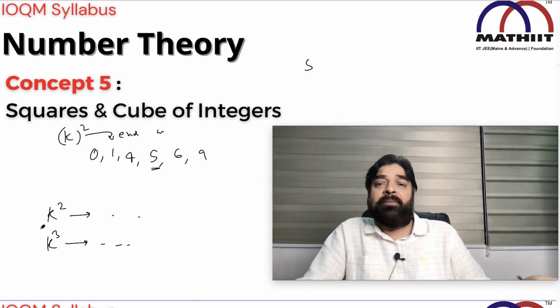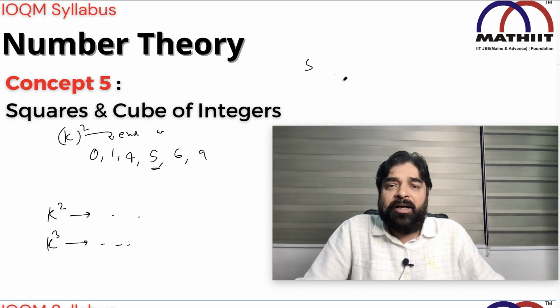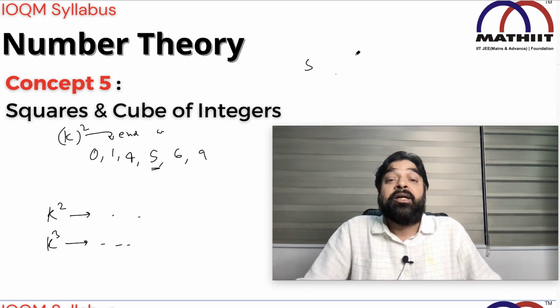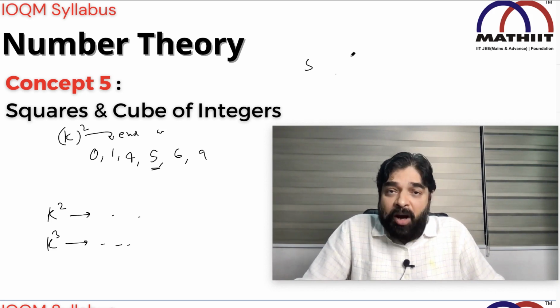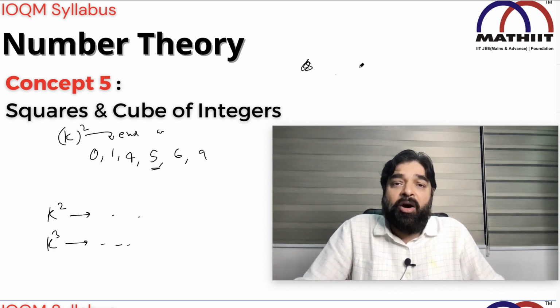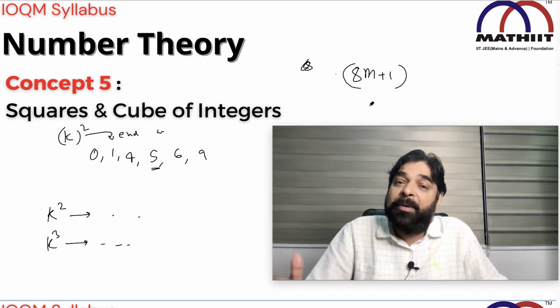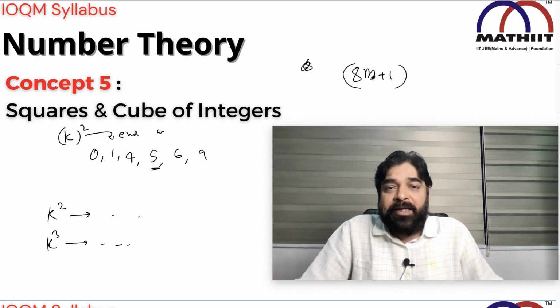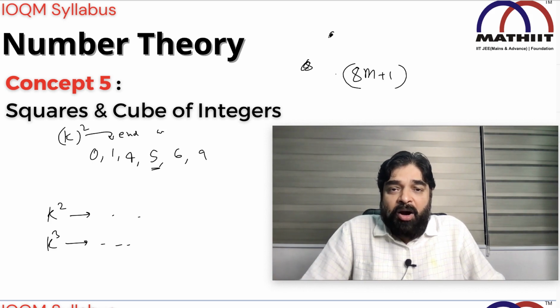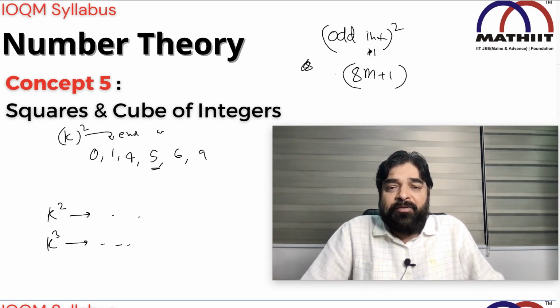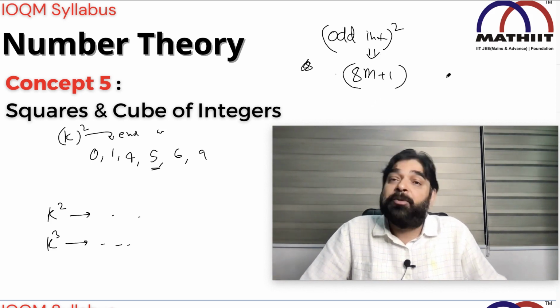So many common things are there which you will get when you study, that the square of any odd integer is always in the form of 8m plus 1. Like that, properties will be there. What is the meaning? Suppose take any odd integer.